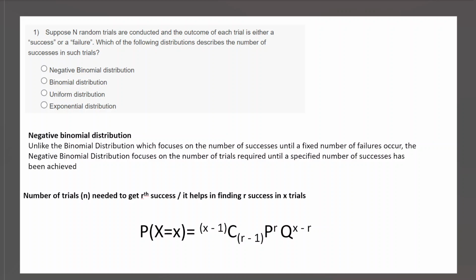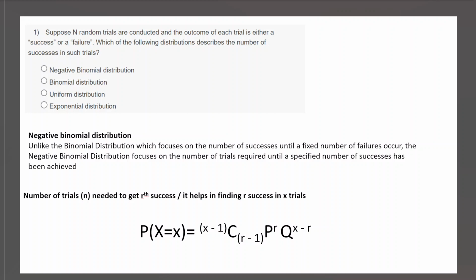Unlike the binomial distribution, which focuses on the number of successes, as we discussed in the first problem, the negative binomial distribution focuses on the number of trials required until a specified number of successes has been achieved. So that is what the negative binomial distribution is.